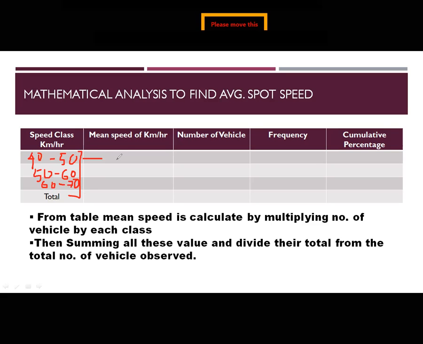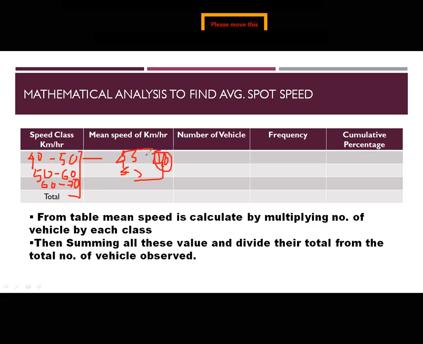The average speed is written down here, like 45, 55. That kind of average speed is there. For the 40 to 50 class, the mean speed of the maximum vehicles was considered as 48, so the mean speed will be 48.